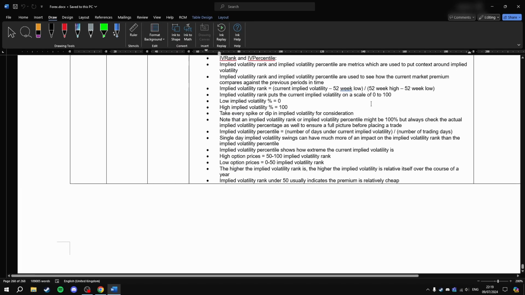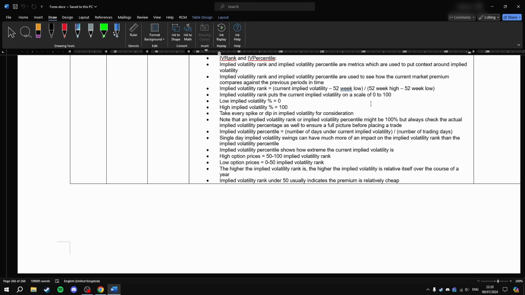Implied volatility rank and implied volatility percentile are metrics used to put context around implied volatility. They are used to see how the current market premium compares against previous periods of time. Implied volatility rank is calculated as current implied volatility minus the 52-week low, divided by the 52-week high minus the 52-week low.